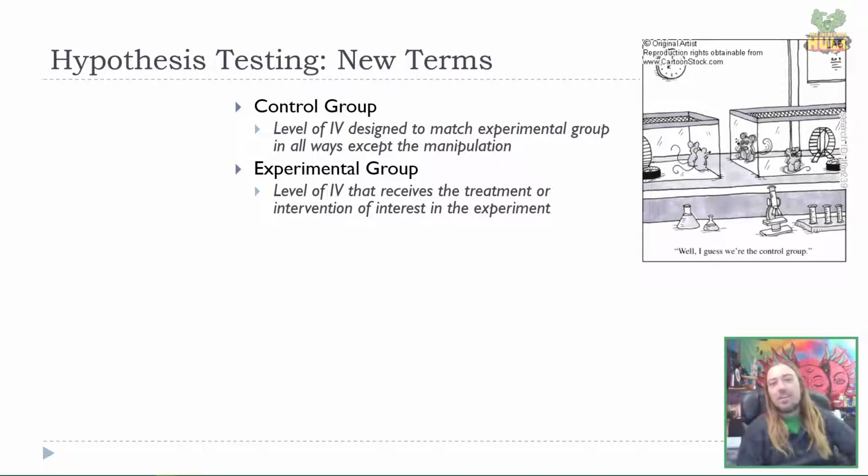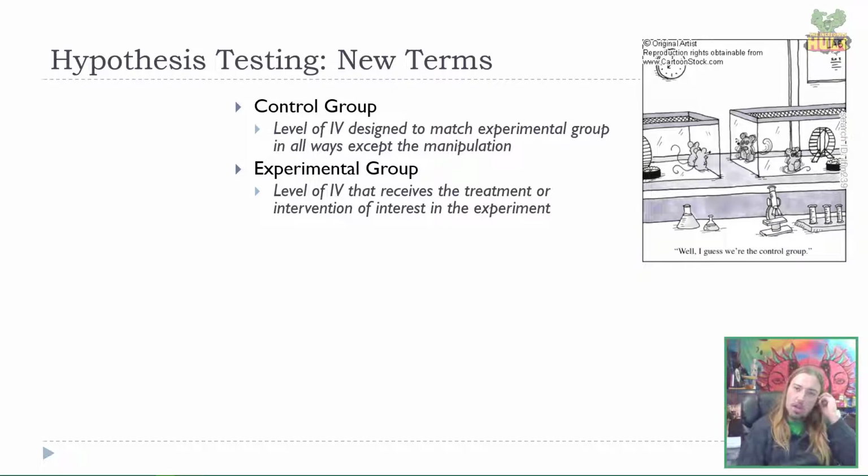So the control group in our example of caffeine and memory would be the group that didn't receive caffeine. They're just the same as the other group in all basic composition, right? Demographics and other sorts of things. But they didn't get the caffeine, the other group did. So if they're the control group, then the experimental group is the one that gets the treatment, gets the manipulation, gets the caffeine in this case.